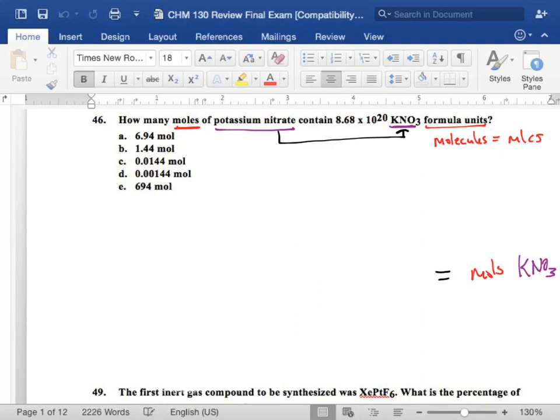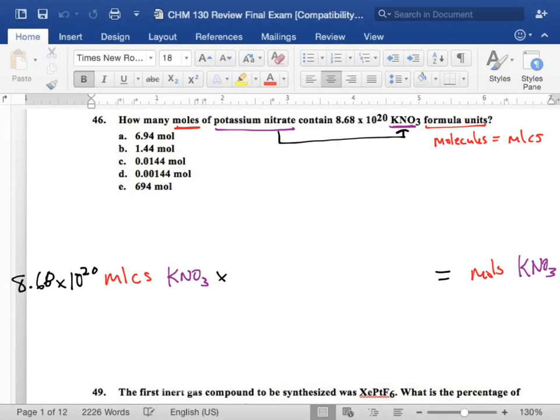Okay, so the given information, I have molecules of potassium nitrate. The numerics given with that, 8.68 times 10 to the 20th molecules of potassium nitrate, helps if I'm looking at what I'm doing. Oh, and I can't move that stupid cursor now. Oh, I can. Let's get rid of that.